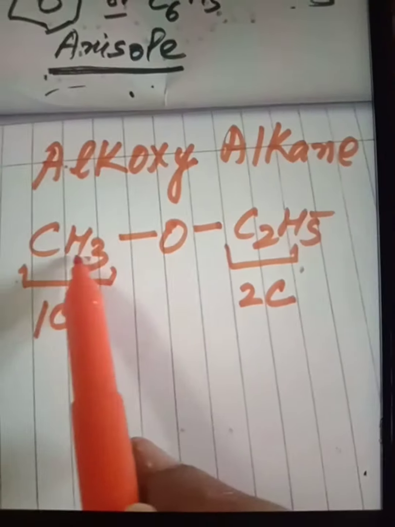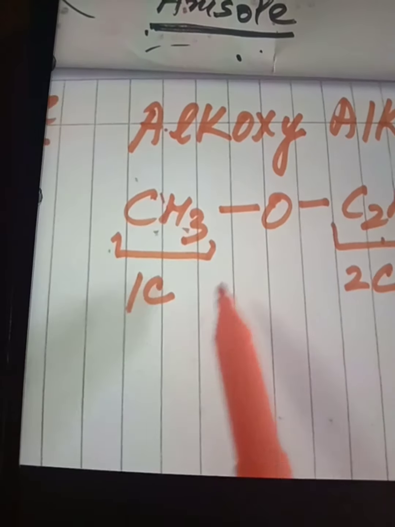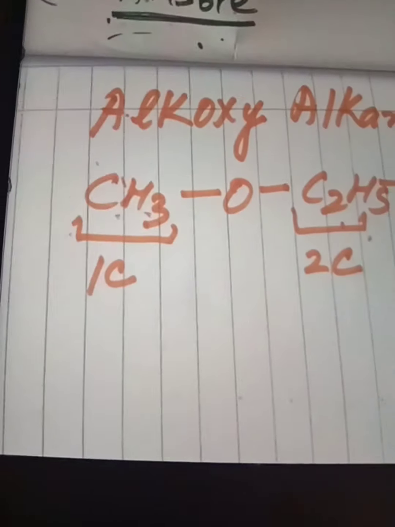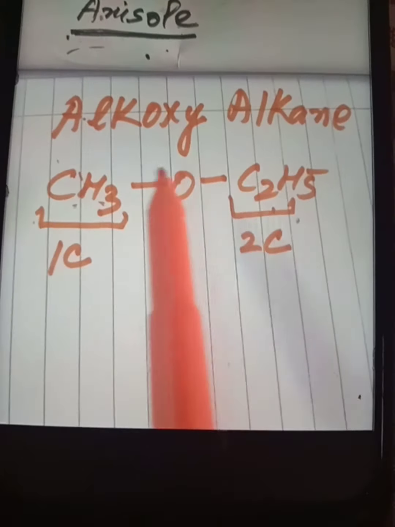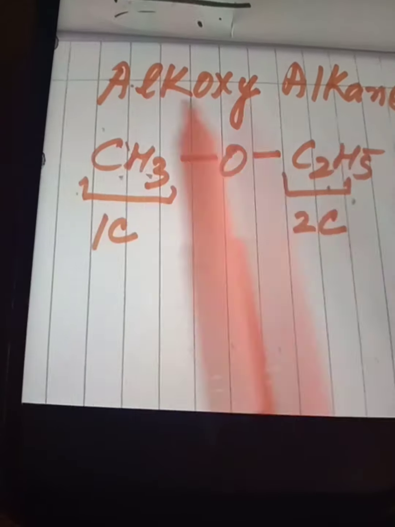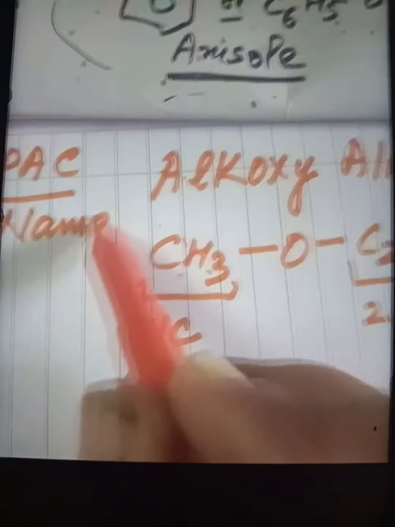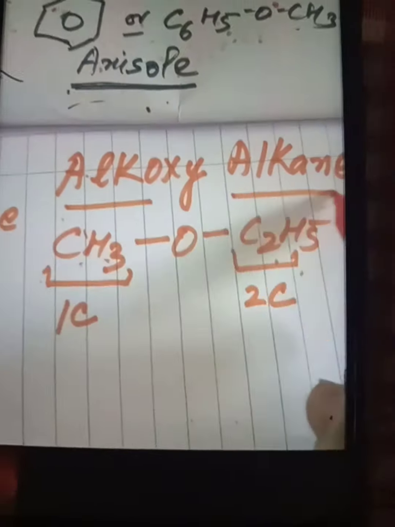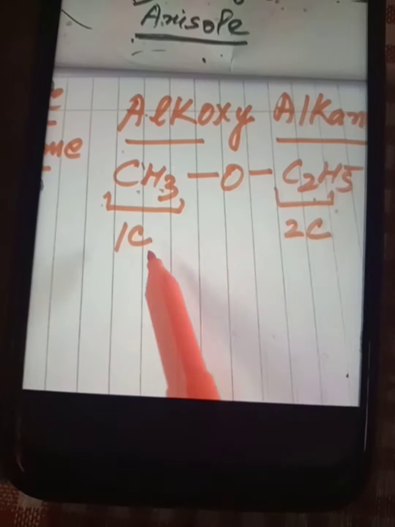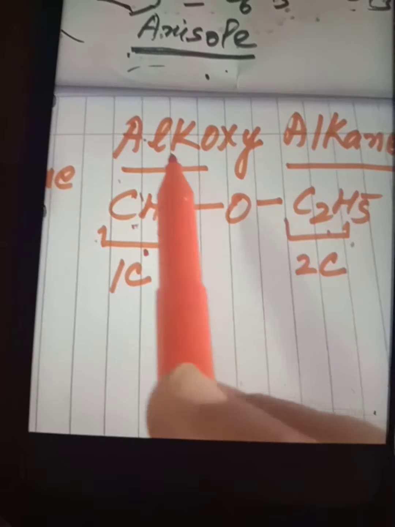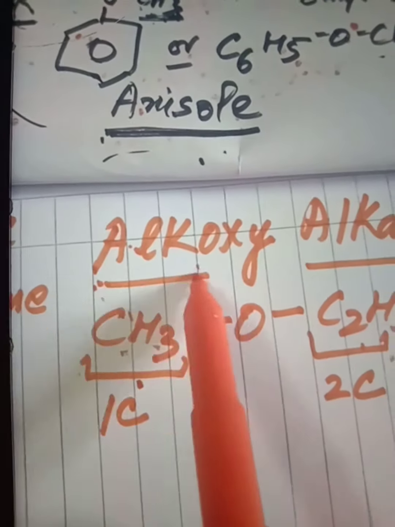The shorter of the two chains, in this case this is the shorter chain, becomes the first part of the IUPAC name. This is the IUPAC name for ethers, alkoxyalkane. What I told you, shorter part of the chain will form the first part of the IUPAC name.